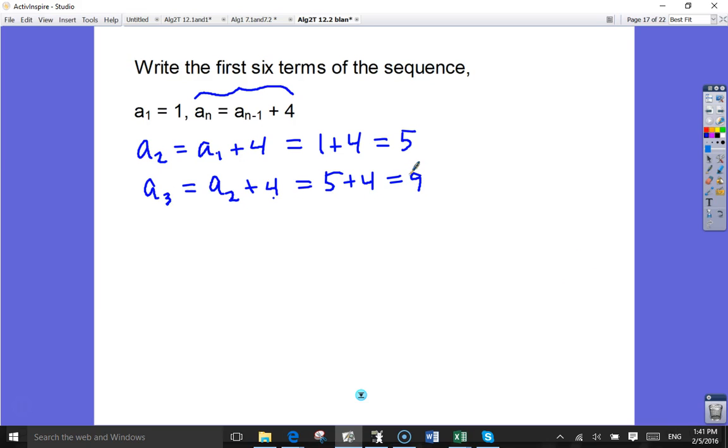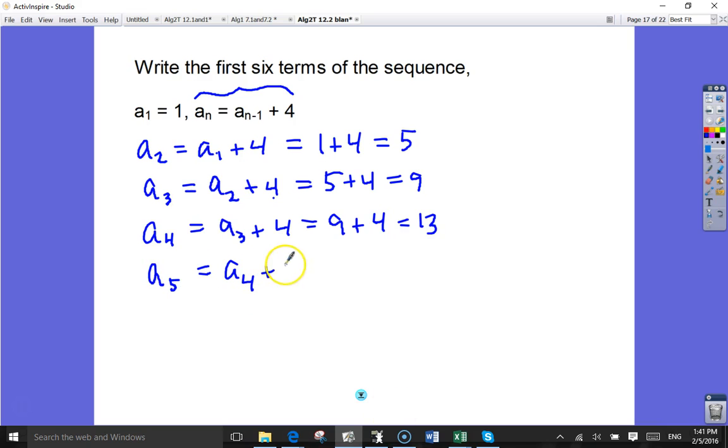So in the end, what are you going to do? You just keep adding 4 to find the next term. It's what you would do just instinctively. This is kind of just putting some formulas behind it. A4 equals A3 plus the common difference. 9 plus 4. A5 equals A4 plus 4. 13 plus 4.